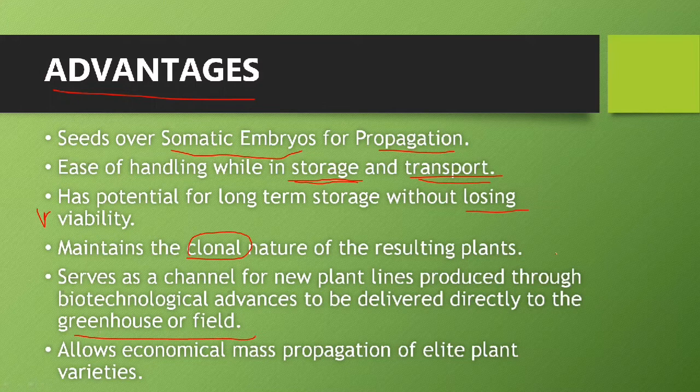They are very small and they could be stored in very little space, and thus they could be directly used in the greenhouse or the field for field trials. It allows economical mass propagation of different plant varieties. So yes, different plant varieties can also be produced.